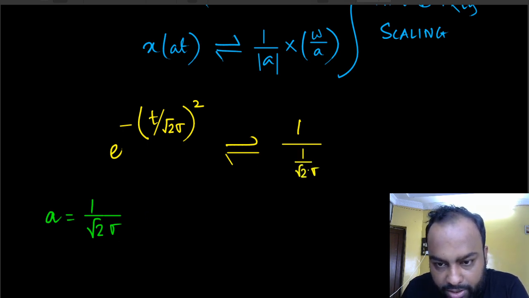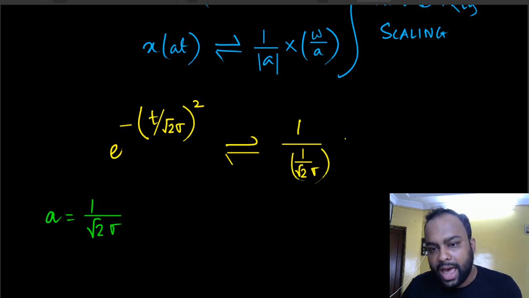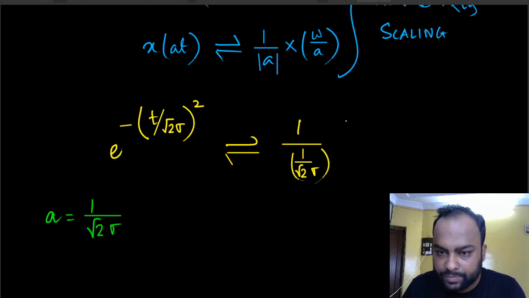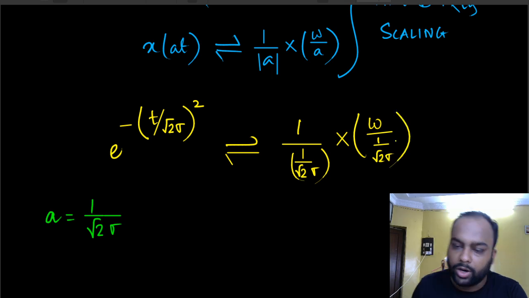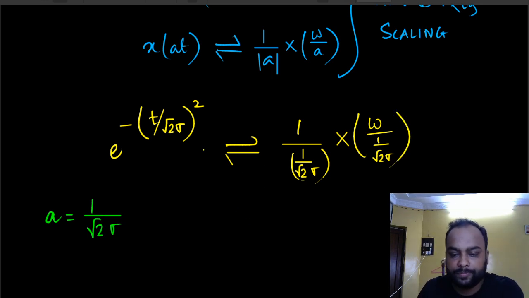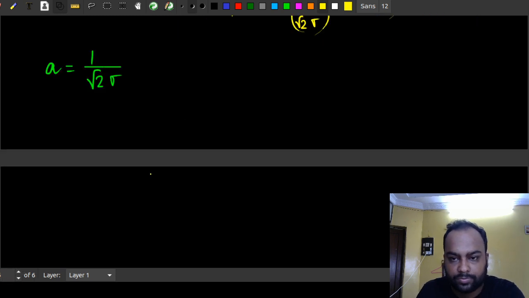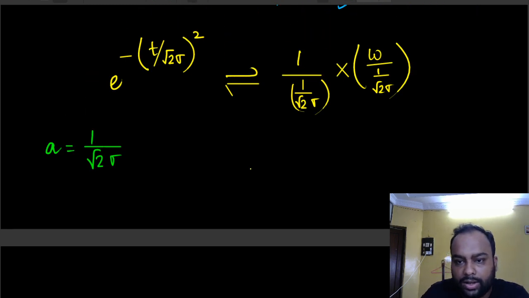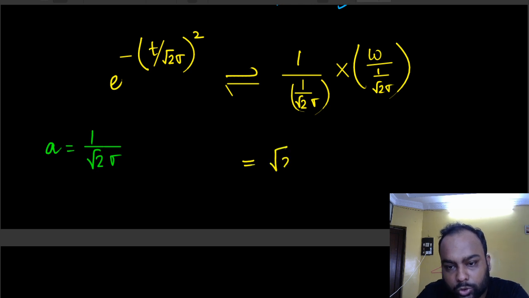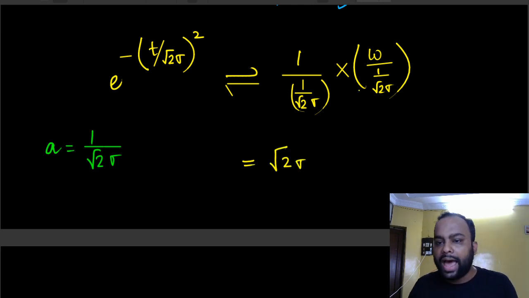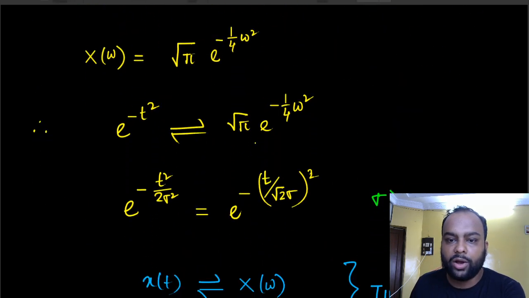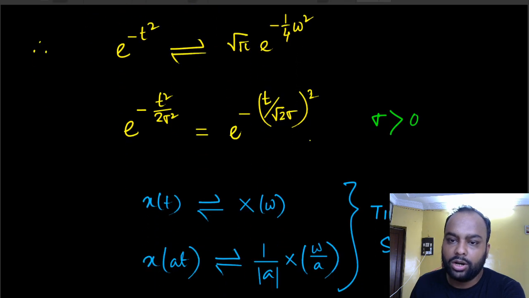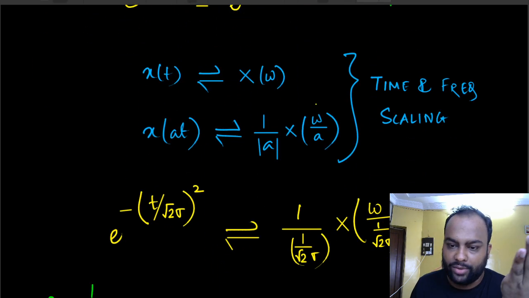So we have root 2 sigma, and here I would have X of omega by 1 by root 2 sigma, and this actually becomes root 2 sigma. And what was X of omega here? X of omega was root pi e to the power minus 1 by 4 omega square.